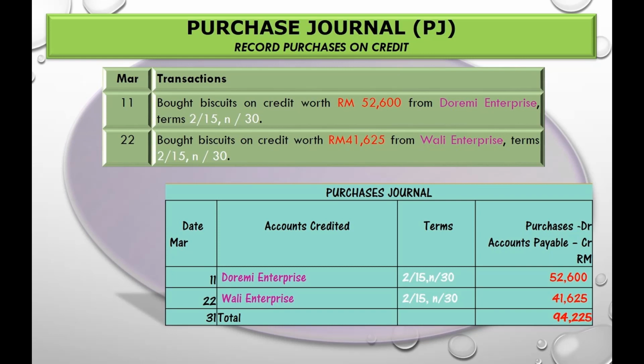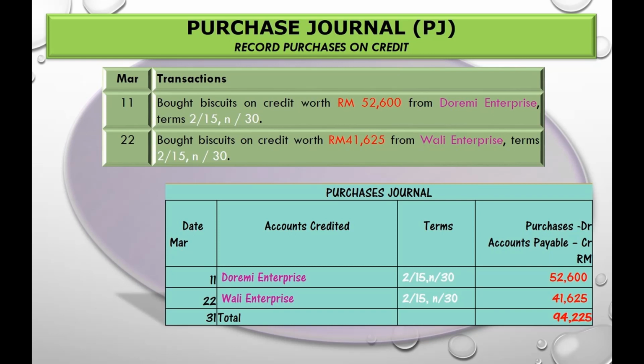On March 11th, we record Doremi Enterprise in the account credited column. We need to use the name of the supplier because this is a credit transaction. Fill the terms column 2/15, N/30, and fill the amount RM 52,600 in the debit and credit column.